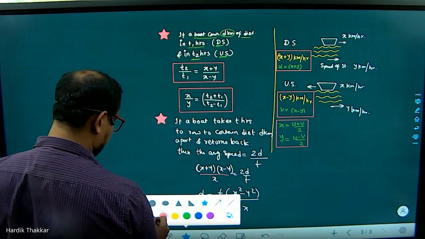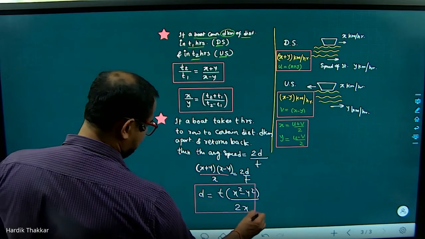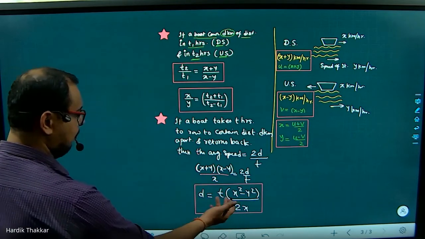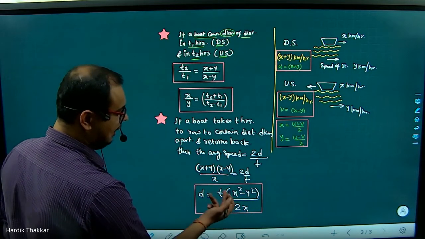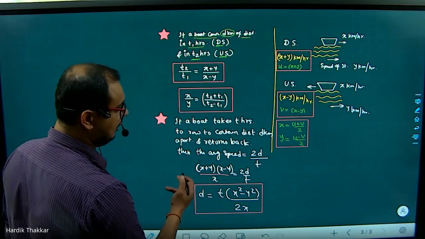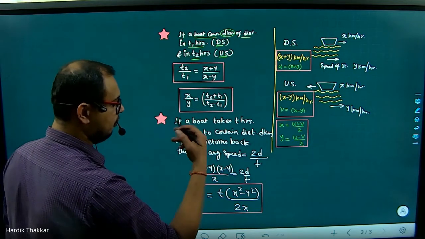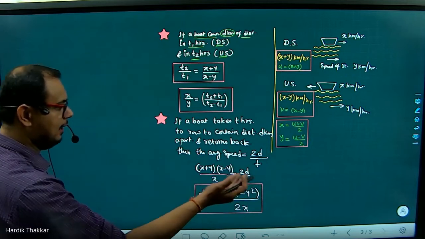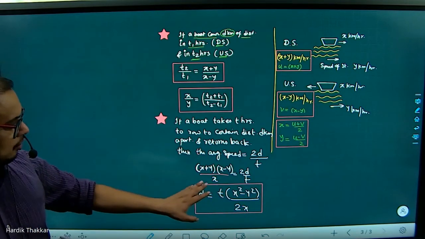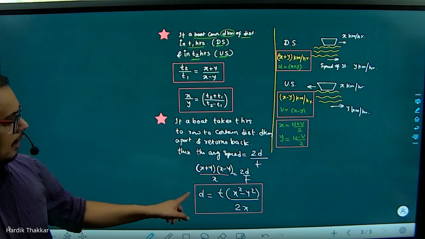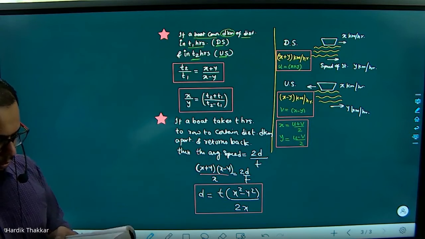So this can also be used as a formula when the speed of boat, that is x, the speed of stream, that is y, and the total time taken for the complete journey, going and coming back, that is t, are given. By using these values we can find the distance between two points. So you can note down this formula also.